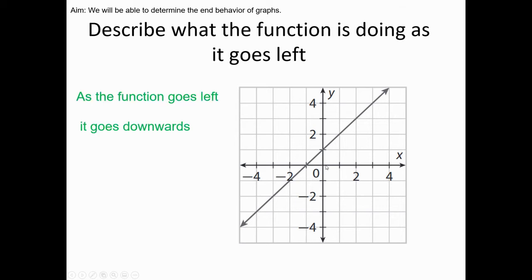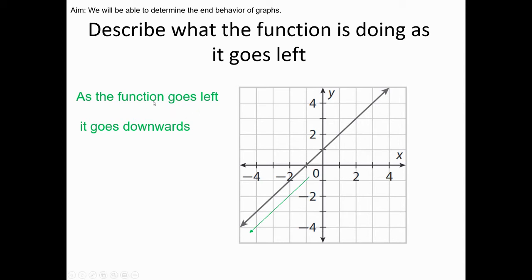Well, as it goes left, isn't it going downwards? You guys see that? It's pretty much going diagonally. If this is all we needed, we'd be done. The end behavior is, as the function goes left, it goes downwards. But there is a mathematical way to write this, and that's the way that you need to learn today.